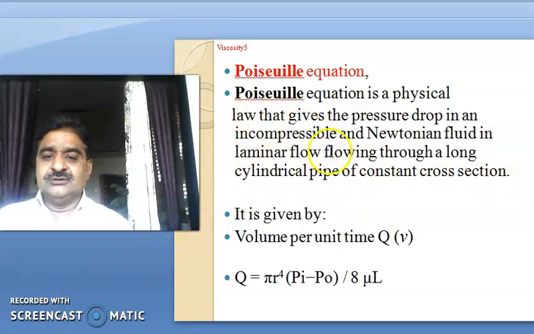Here it is given by volume per unit time, Q or V. Its expression is pi r raised to 4 (Pi minus Po), I mean inward pressure minus outward pressure, that is net pressure, upon 8 eta L. What is L, what is eta, what is Pi, what is Po, what is r, all these things we discuss.